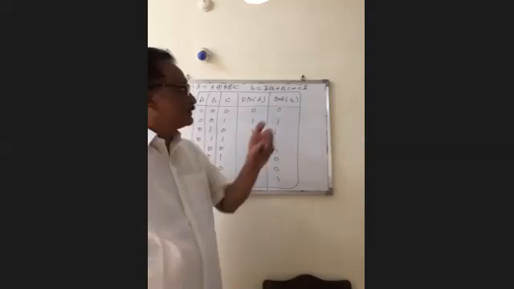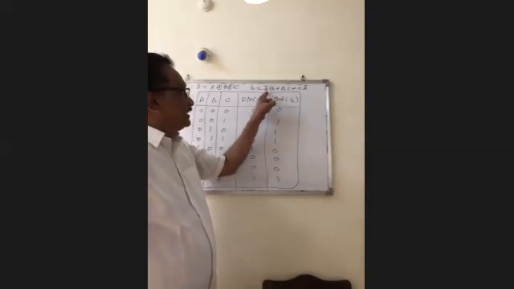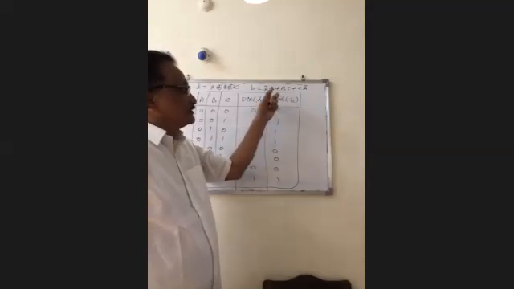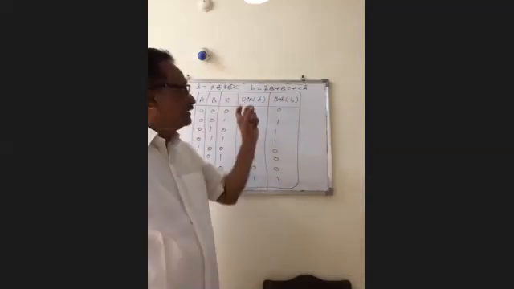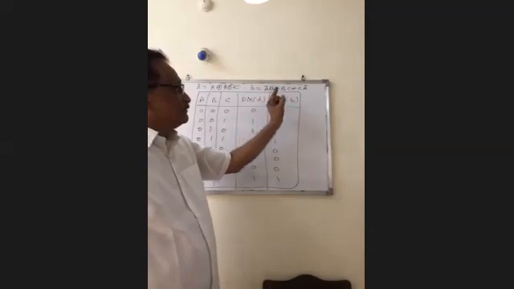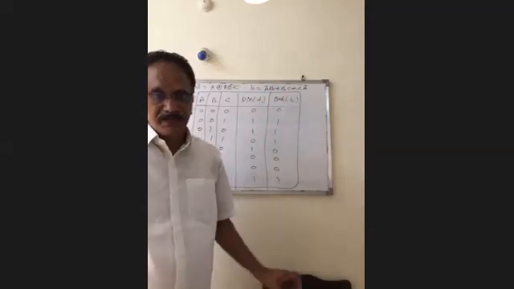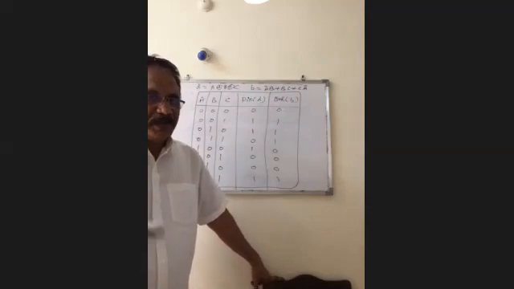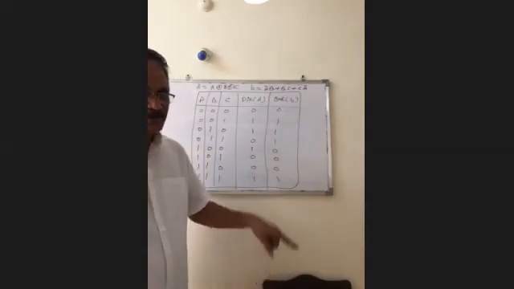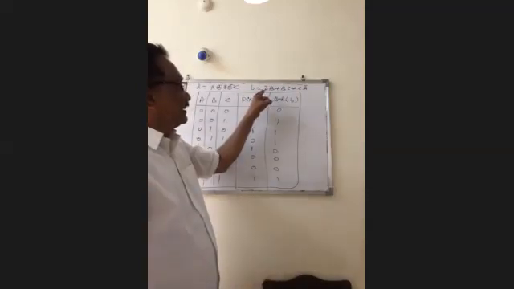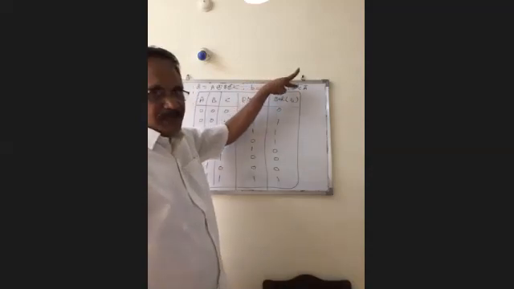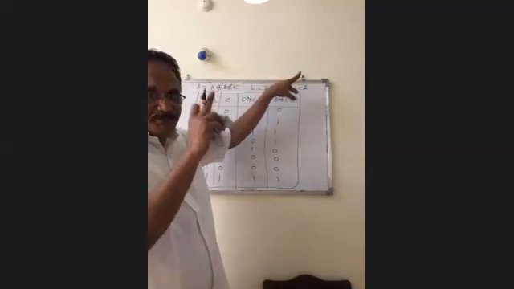The minimal output expression is equal to A bar B plus BC plus CA bar. Note down this one and check whether it is correct or not. If you observe the final carry output of the full adder, forgetting the Cin, it is AB plus BC plus CA.